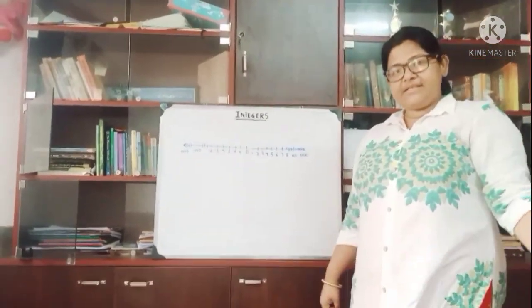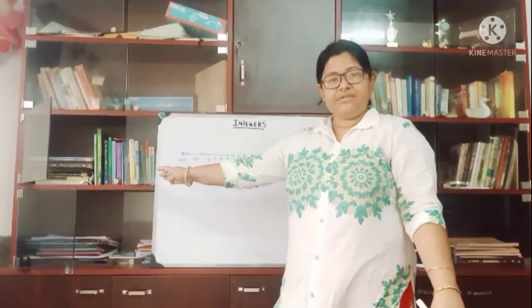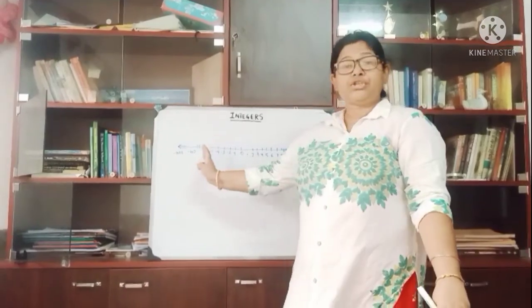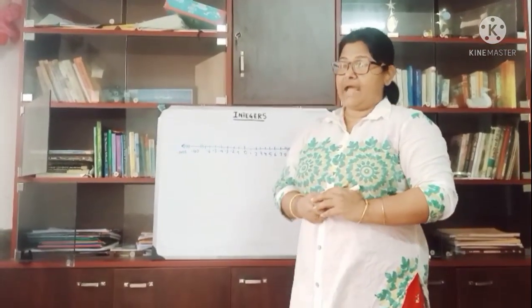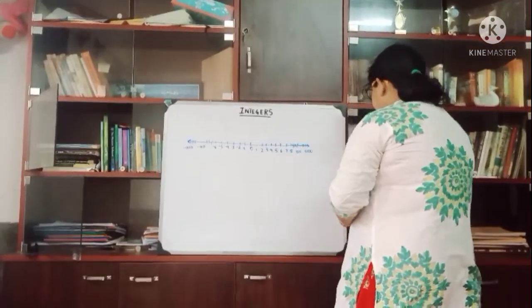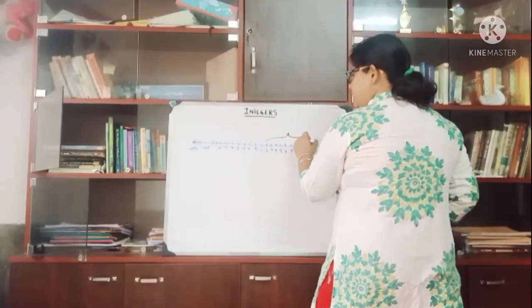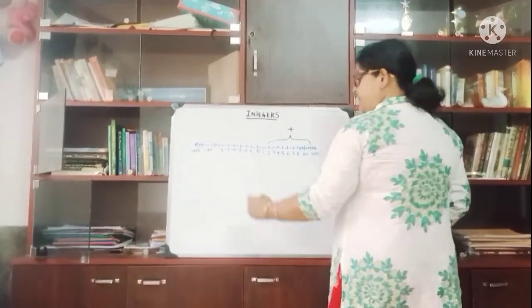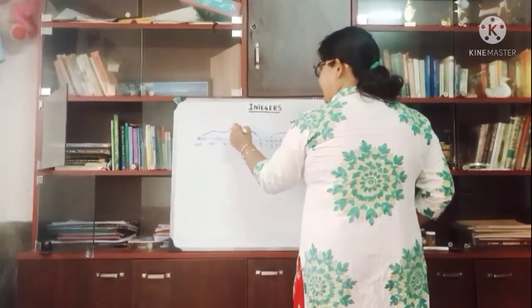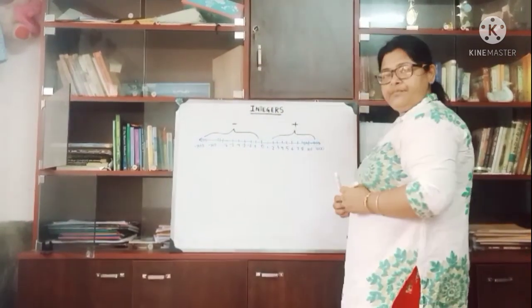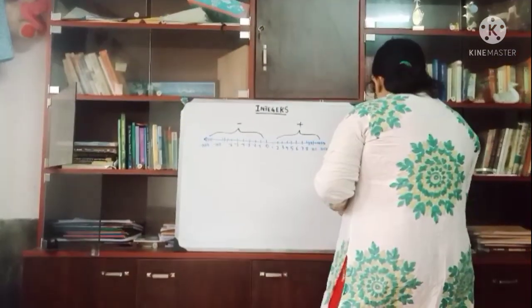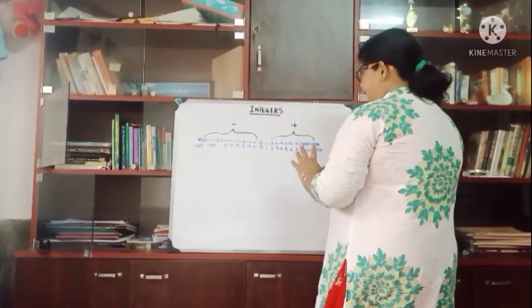So you can understand how negative numbers and positive numbers can be shown on a number line. The set of these numbers are known as positive numbers, and the set of these numbers are known as negative numbers. This is all about the integers.